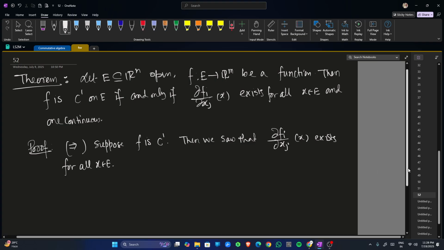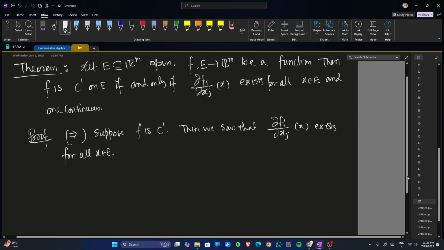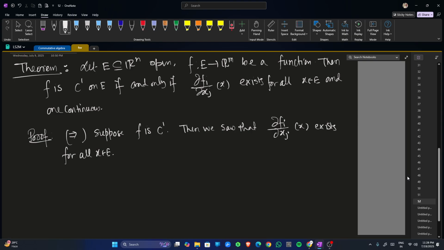We just need to show that the partial derivatives are continuous.